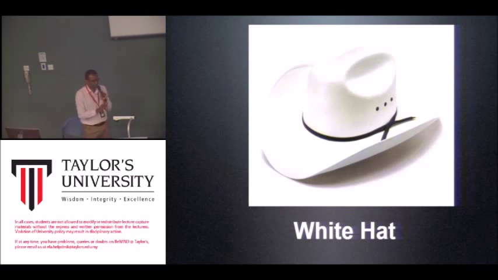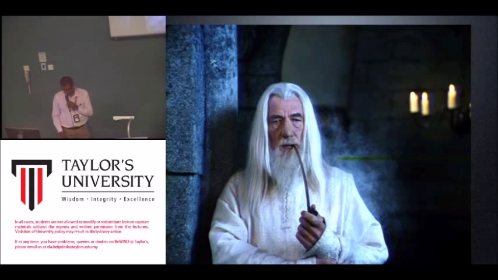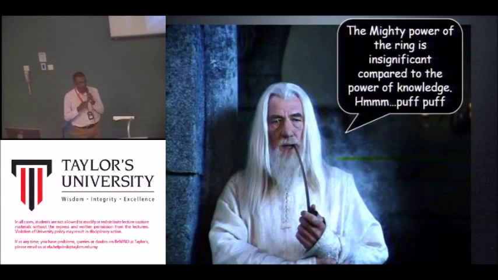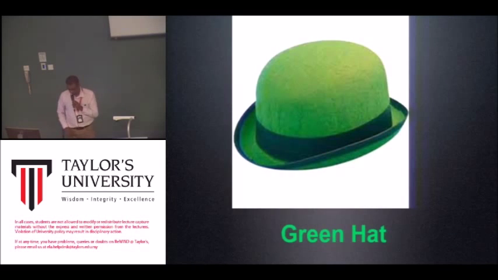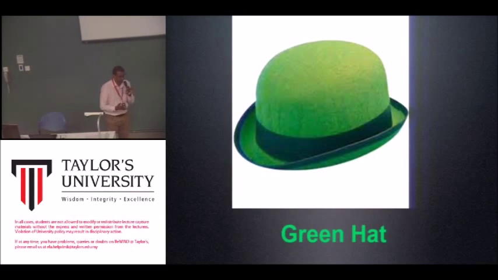The white hat talks about wisdom. That's why I put Gandalf, who is smart and wise. So the white hat is anything to do with knowledge and wisdom. Press save in your head now. Save as white hat. Saved? Okay, good. All right, the next hat: the green hat.